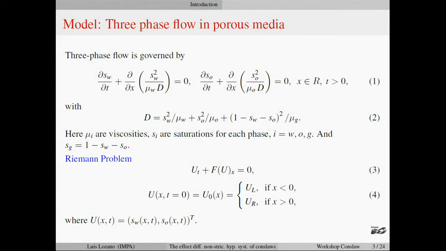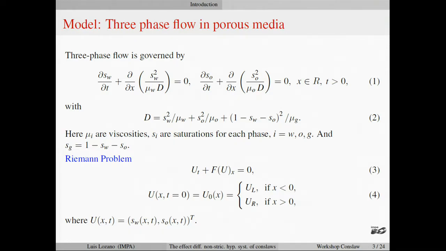The model is a three-phase fractional flow with quadratic permeabilities, considered in the saturation triangle.